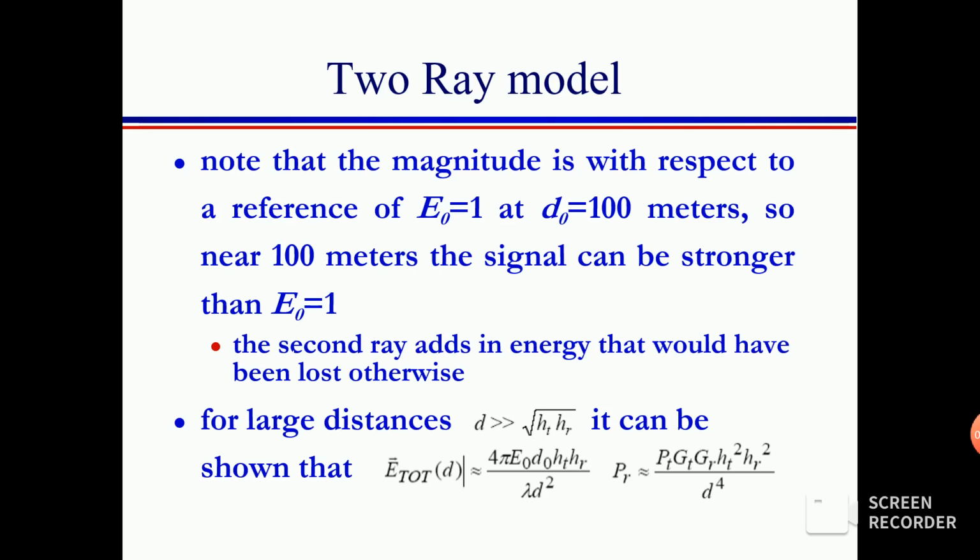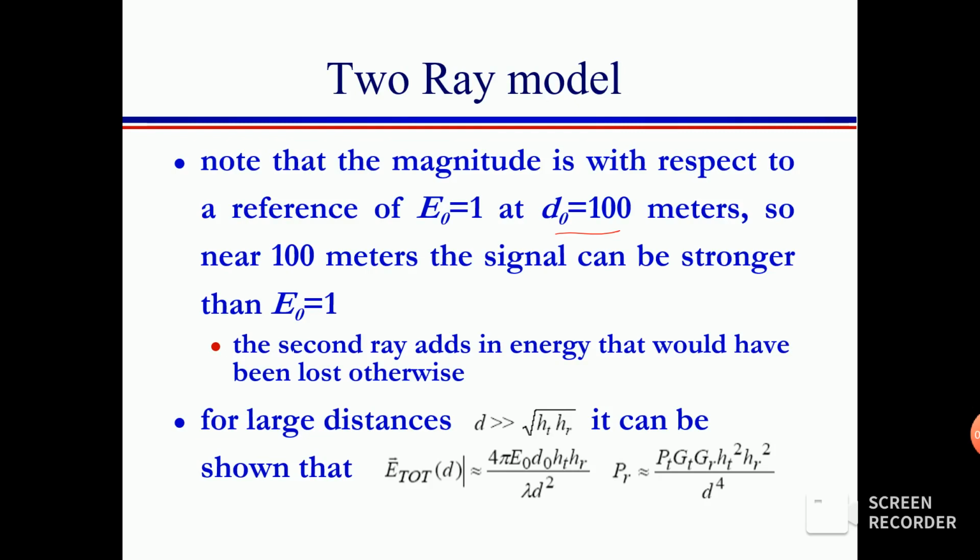So the magnitude, with respect to a reference of E0 equal to 1 at a distance of 100 meters, the signal near 100 meters can be stronger than E0. The second ray adds energy that would have been lost otherwise.